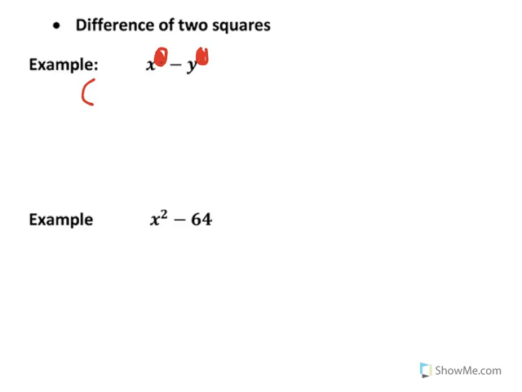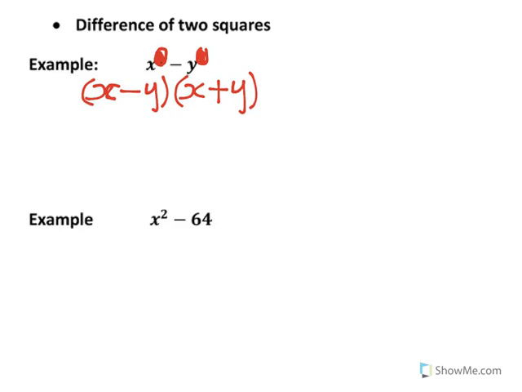So this is the first thing that you are going to write. Then you open another bracket, then you're going to have x now with an opposite sign, which is x plus y. Then you would have factorized a difference of two squares.